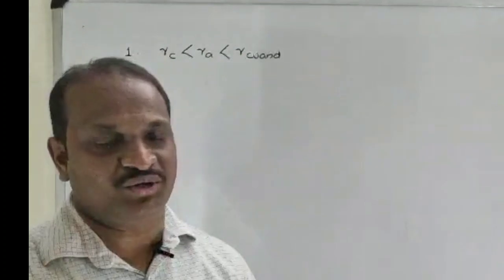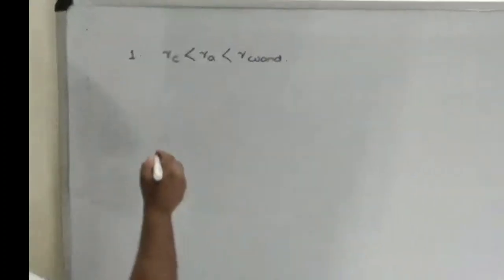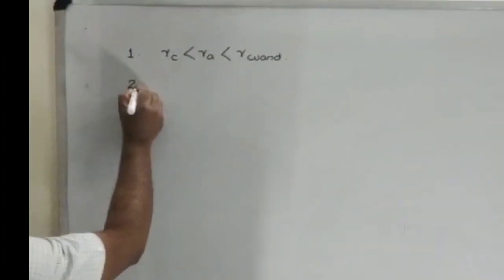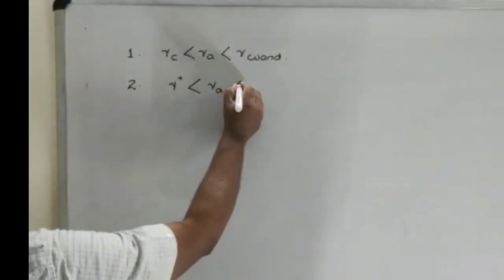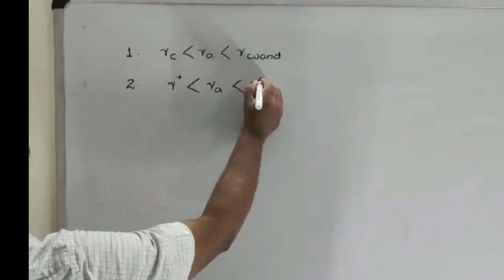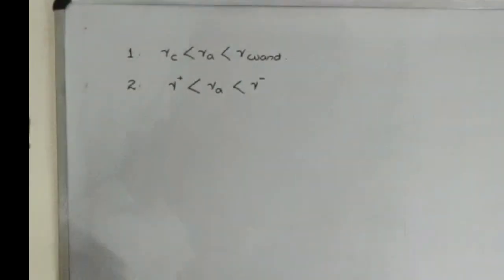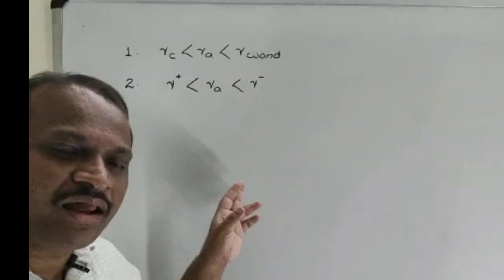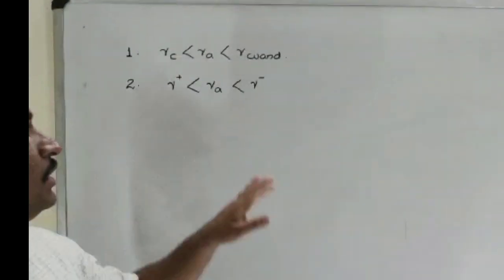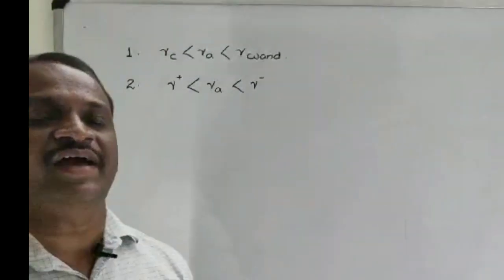So that is the first point you need to keep in mind. Second point regarding atomic radius: R plus is smaller than Ra, which is smaller than R minus. What is R plus? Radius of cation. What is Ra? Radius of atom. What is R minus? Radius of anion.